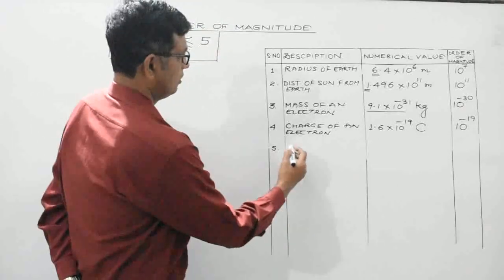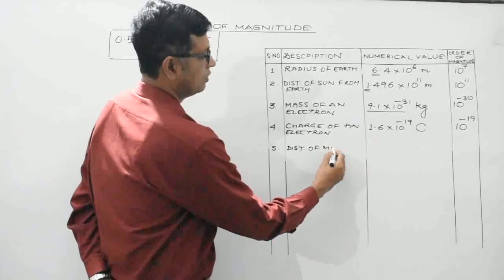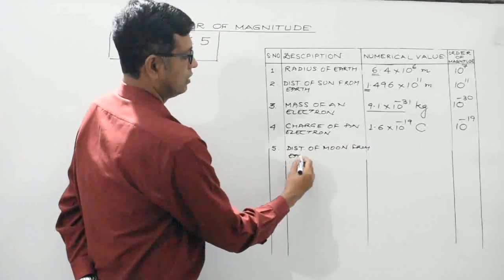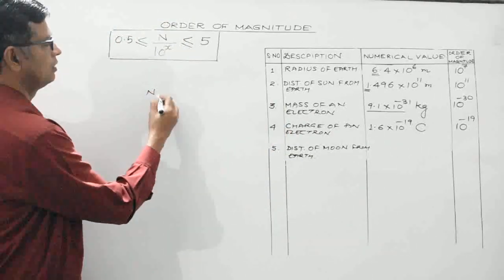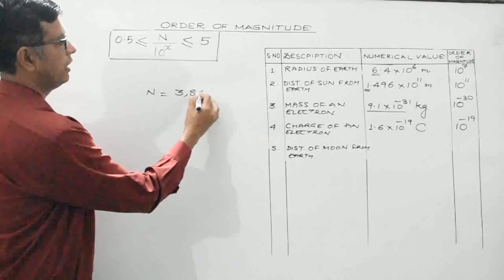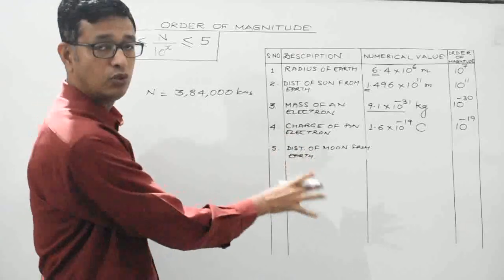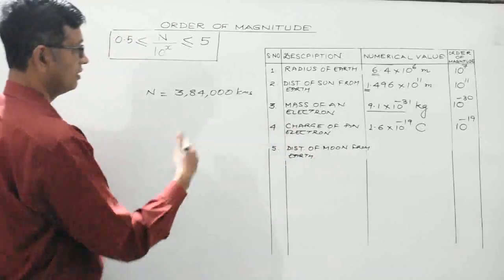Suppose, let's find out the order of magnitude of the distance of moon from Earth. I think I told you already. It is about 3,84,000 kilometers. This is the distance of moon from the Earth. First you need to write it in the standard form, right, in SI.